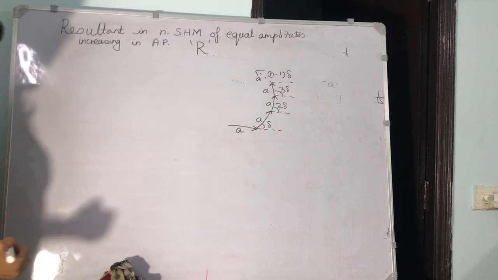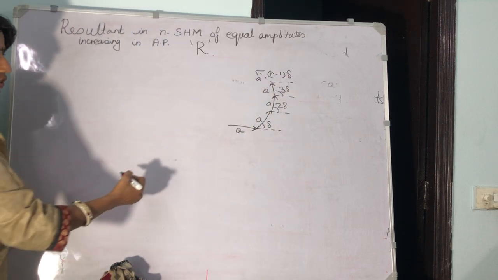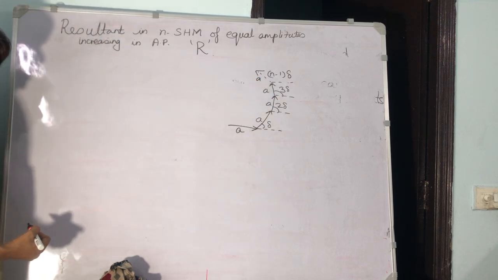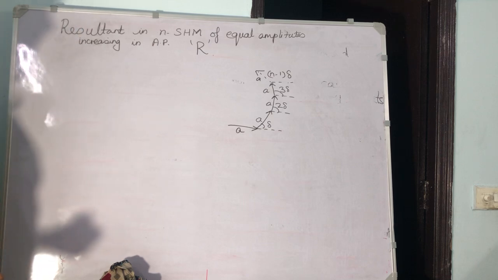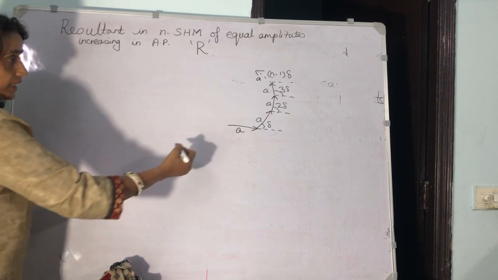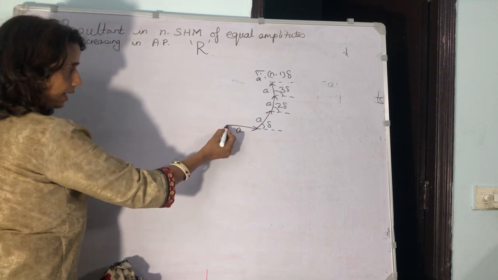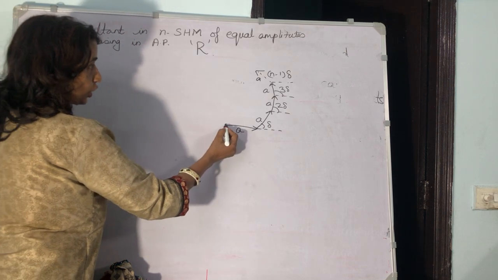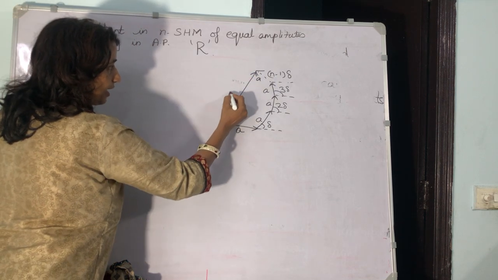And from the concept of vectors, we know that the resultant of these n simple harmonic waves, which have equal amplitude and phases increasing in arithmetic progression, is given by joining the tail of the first vector to the head of the last vector.